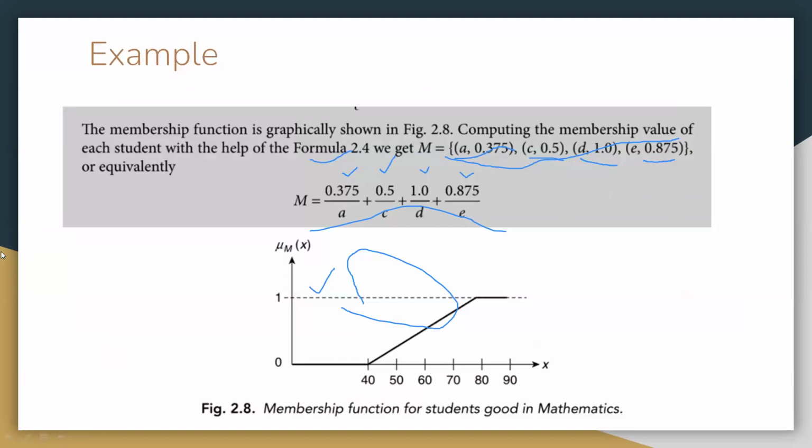Now, plotting a graph for this, you can see that this is how it looks. All the values less than 40 will be 0, like this. And for values between 40 and 80, for 55 you have a value of 0.375. For C, you got a value of 0.5 and so on. For D, you got a value of 1.